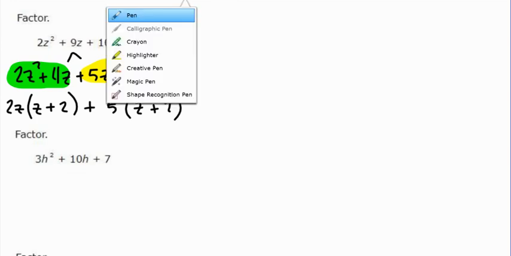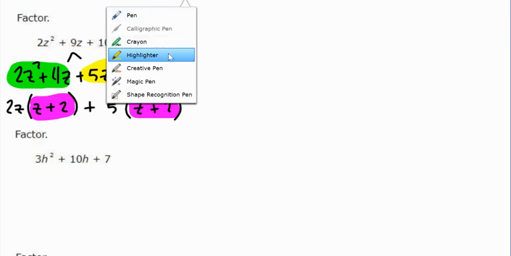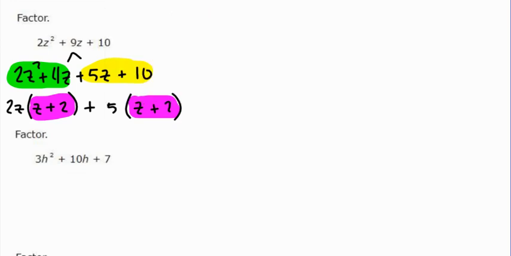Notice how the factors in parentheses are the same. See how I have z plus 2 and z plus 2? That's a common factor here, so that's going to be a factor of this 2z squared plus 9z plus 10.